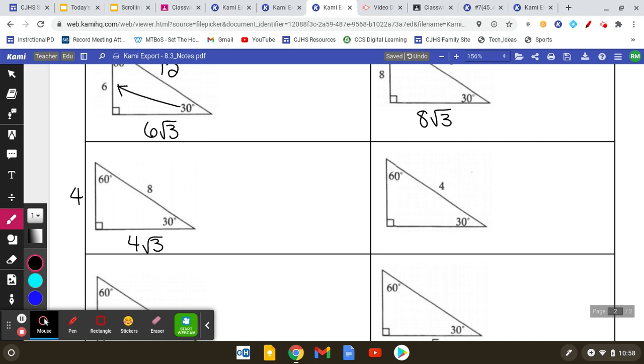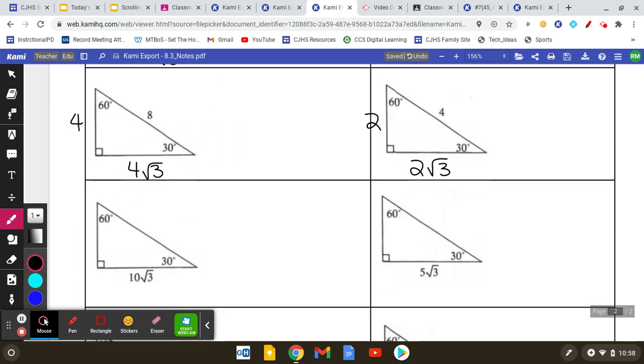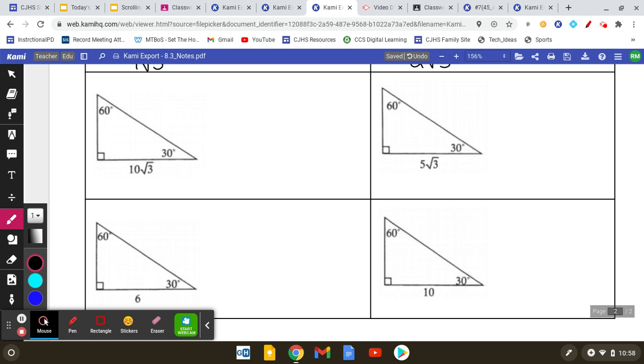Easy. Easy peasy, lemon squeezy. Yes. Good. What's the short leg on the next one? 2. And what is the long leg? 2 times the square root of 3. Perfect. You guys are catching on really quick. Now we have the long leg.